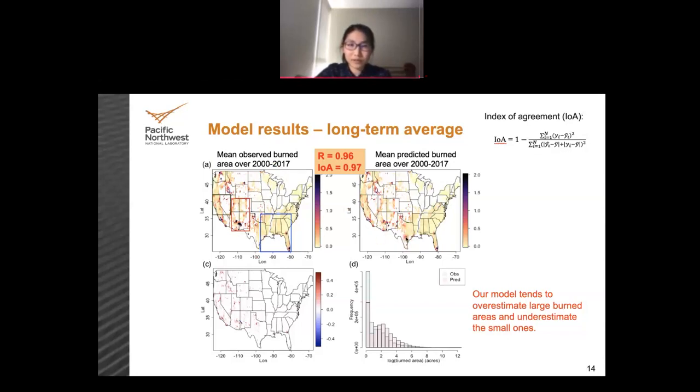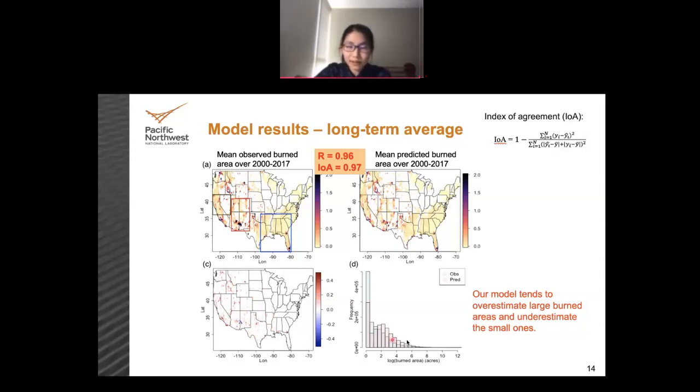You can see that generally the model can capture the large fires over California and the southwestern US pretty well. But if you see the differences over here, which is the prediction minus the observation, we see that generally the model overestimates the burn area quite a lot.